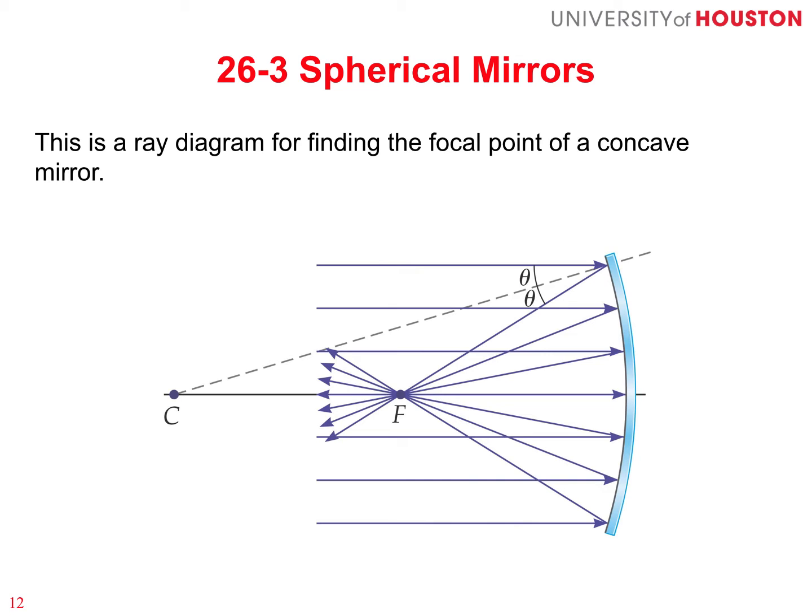Again, the focal point is closer to the mirror than the radius of curvature, which is denoted by C, and we can see an example of the law of reflection happening where the top parallel ray hits the mirror and is reflected towards the focal point.